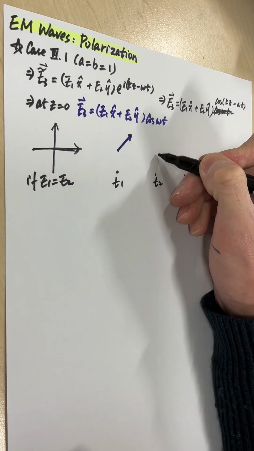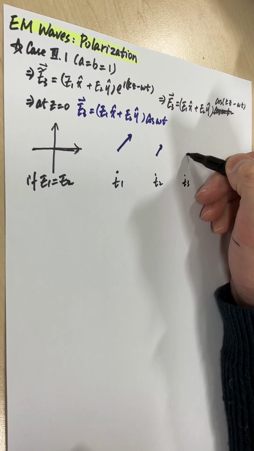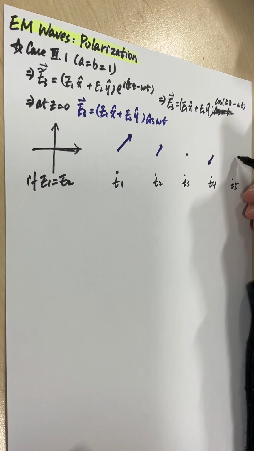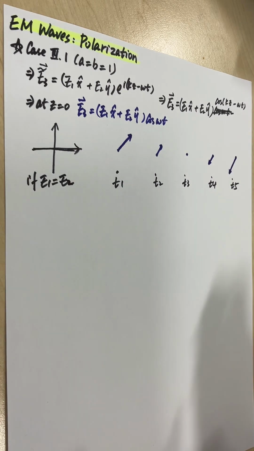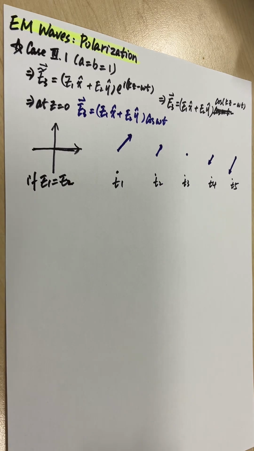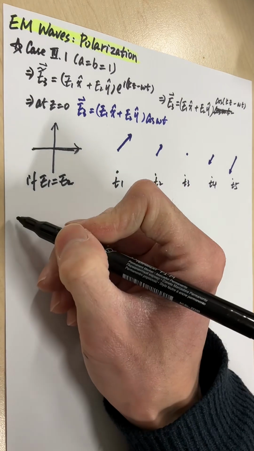And then it would become smaller, and then 0, and then increasing in the opposite direction, and then increasing to the maximum in the opposite direction. It's kind of a diagonal direction.